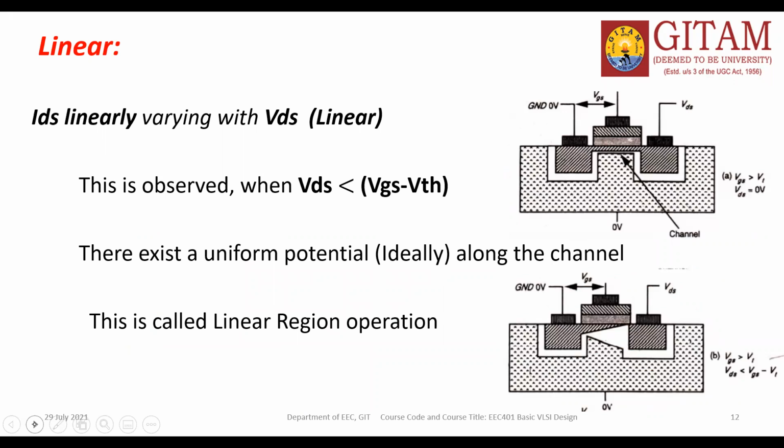Linear relationship means what? It means the channel is formed something like this, by applying a potential difference between the source and drain.